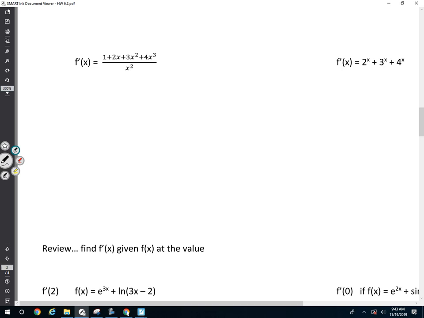Big quotient. Remember to divide all of these by x squared. So if x to the negative second, I'll have 2x to the negative first, I'll have 3, and I'll have 4x. Now watch how I wrote 2x to the negative first. If you use the power rule again, you'll see 2x to the 0 times 1 over 0. That doesn't work.